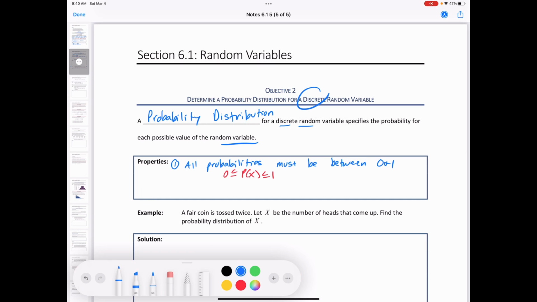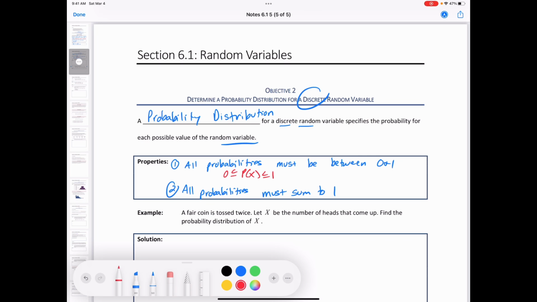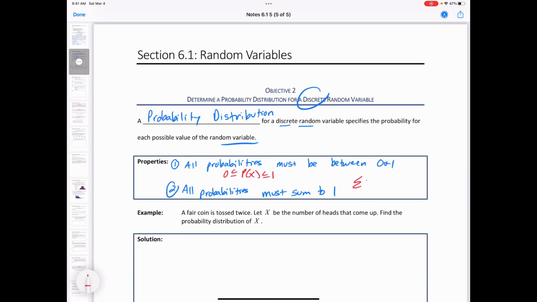And also, all of your probabilities must sum to 1. And mathematically, that would look like this: the sum of my probabilities has to equal 1.